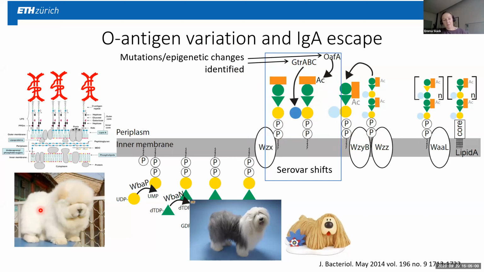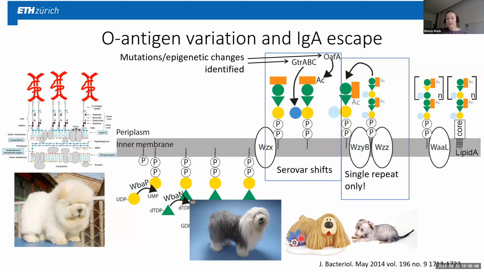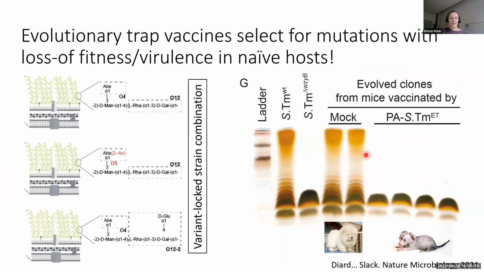If we can make antibody responses that recognize not just this original Salmonella, but also this relatively low number of alternative O antigen structures it can produce, maybe we can force Salmonella to actually pick up mutations in this WZYB protein that catalyzes polymerization of the O antigen. And I wouldn't be telling this story if the answer was no.